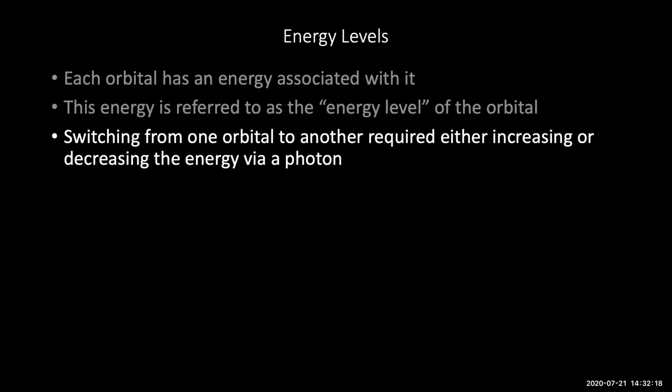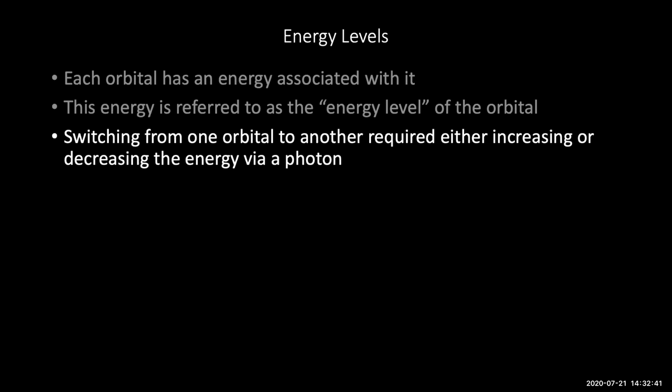So either an electron will absorb just the right amount of energy via photons so that it jumps up to the right energy level, or in order to drop from a high energy level to a low one, it'll emit a photon. So exchanging photons like this, either absorbing them or emitting them, is how electrons change energy levels. And this happens spontaneously.